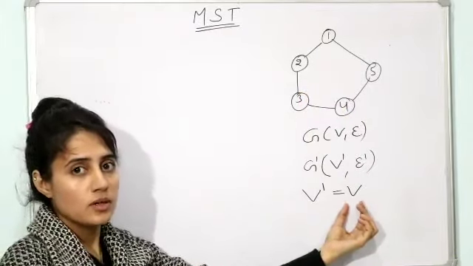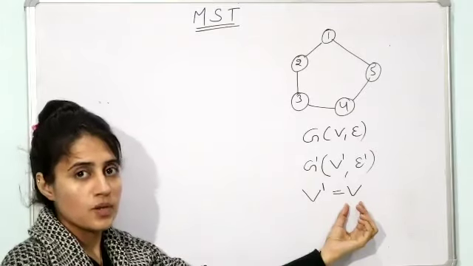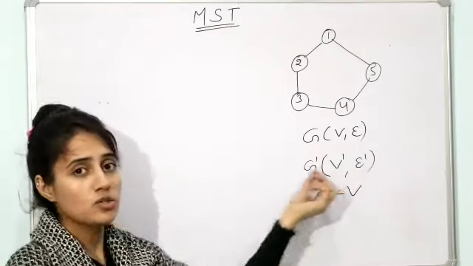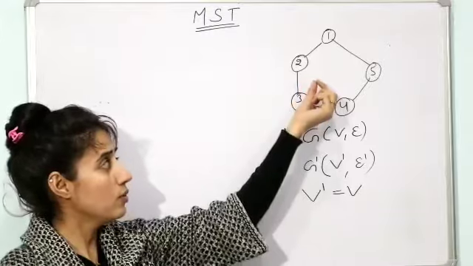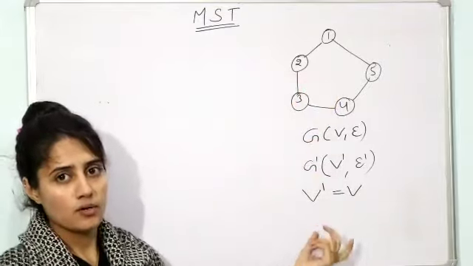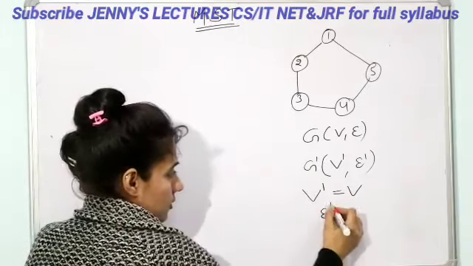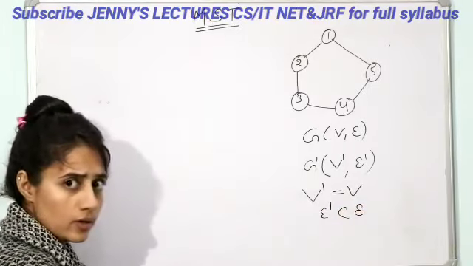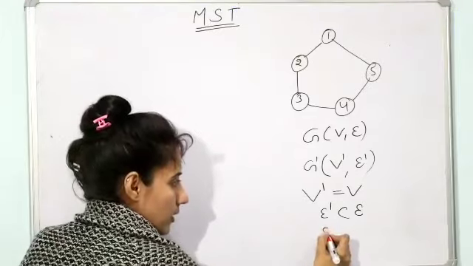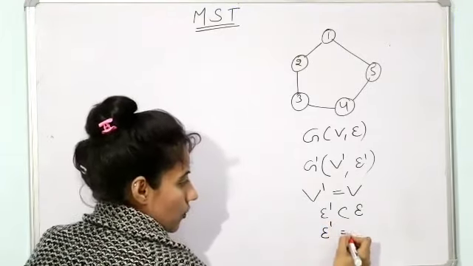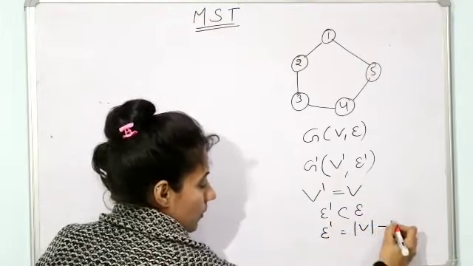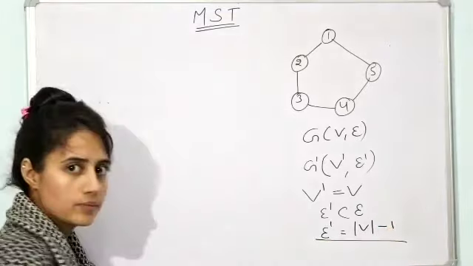There is a difference in the number of edges. The edges E dash in a spanning tree would be a subset of the edges in the original graph. Fine. And so you can write E dash as a subset of E, or the second thing you can write, E dash is equal to V minus 1.